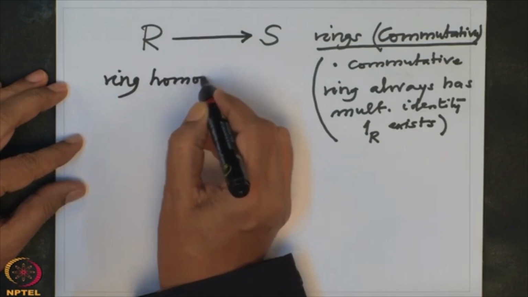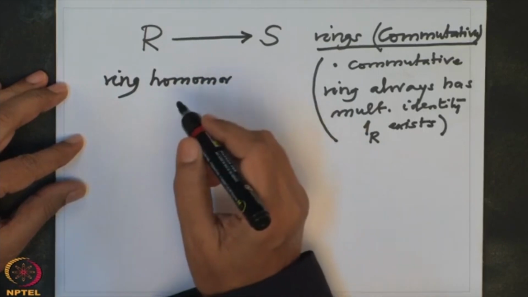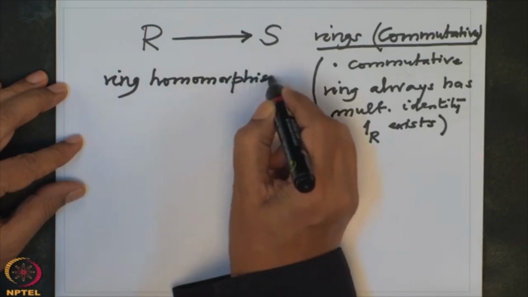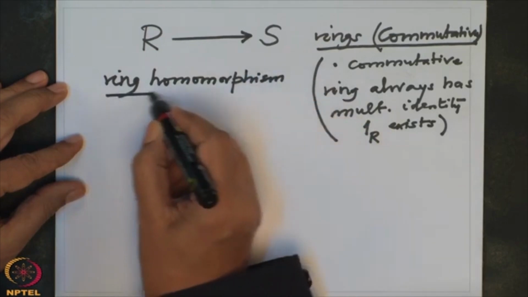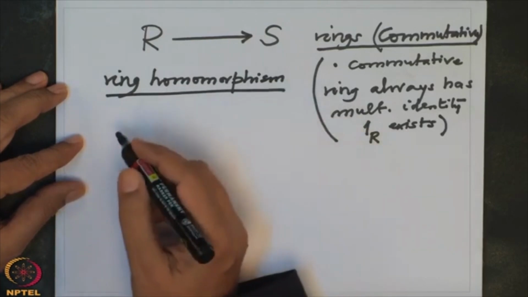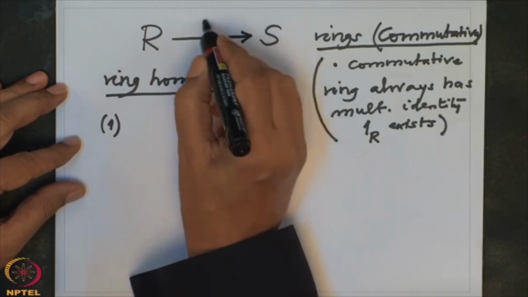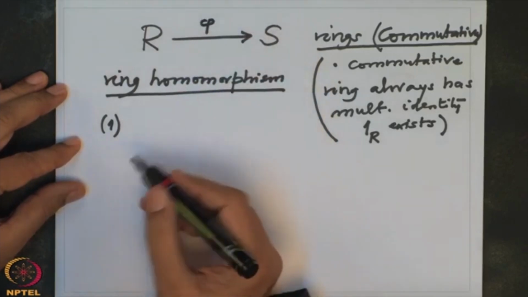Actually, what I am doing right now is a part of the prerequisite I want to assume in this course, but for the sake of completeness, I want to recall some basic definitions. This map, called phi, is a ring homomorphism.